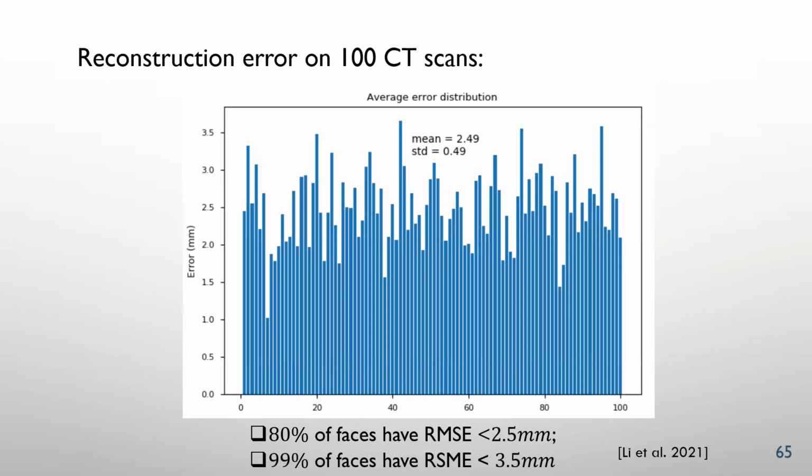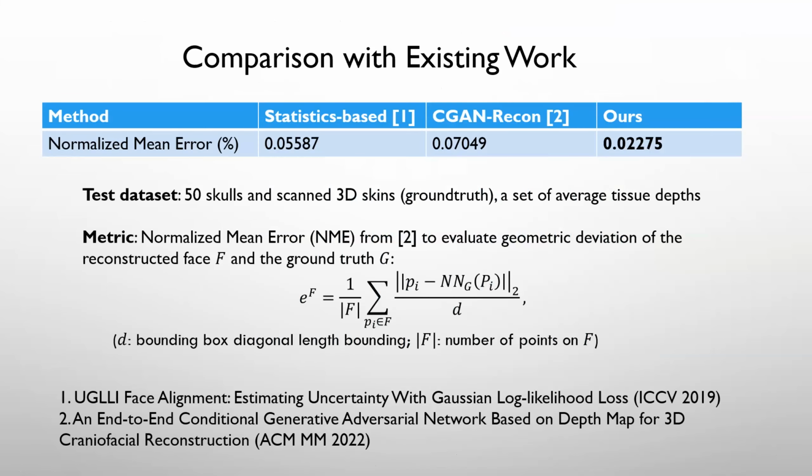This is the plot of the root mean square errors. 80% of the reconstructed faces have a root mean square error smaller than 2.5 millimeters. 99% of them are smaller than 3.5 millimeters. Compared with other existing skull-to-face reconstruction methods, our reconstruction error is significantly smaller.